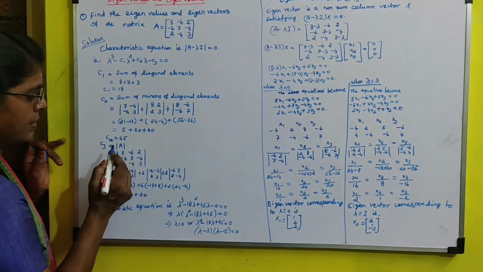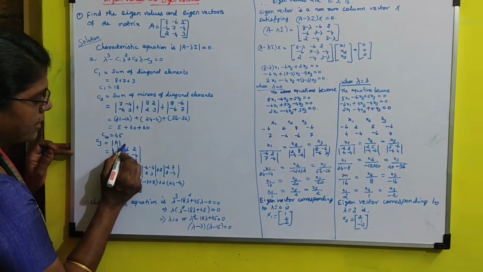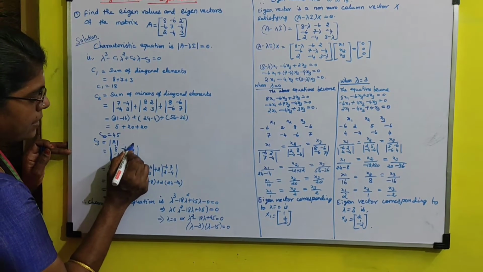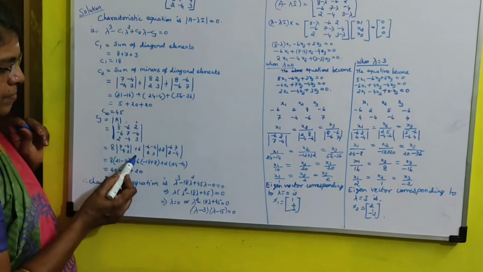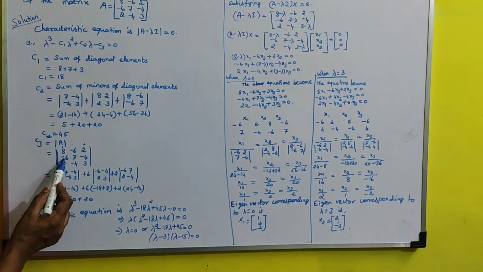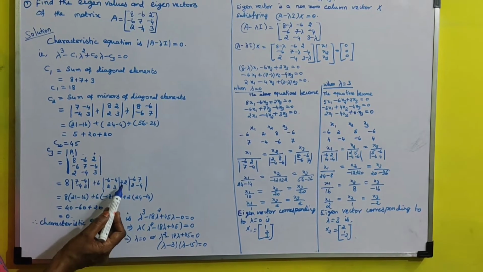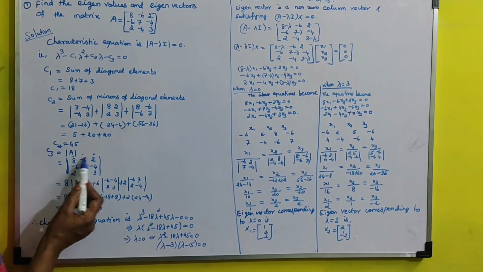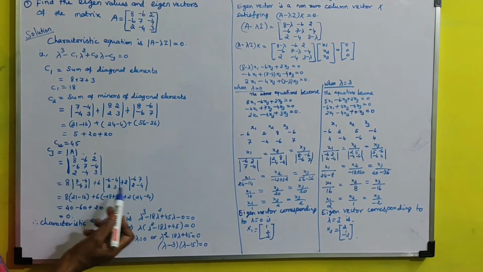For the first element you have to take plus sign, for the second element minus, third element plus. Minus of minus will become plus 6. Leaving this row and column, the remaining elements are [-6, -4; 2, 3]. Plus 2, leave this row and column, remaining elements [-6, 7; 2, -4].